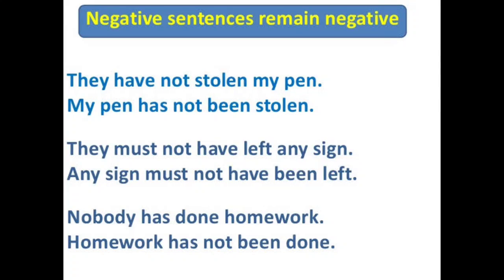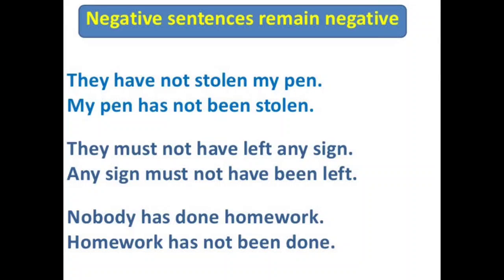So I'll repeat, children. They have not stolen my pen. In passive, my pen has not been stolen. The next sentence, they must not have left any sign. Any sign must not have been left. The next sentence, nobody has done homework.